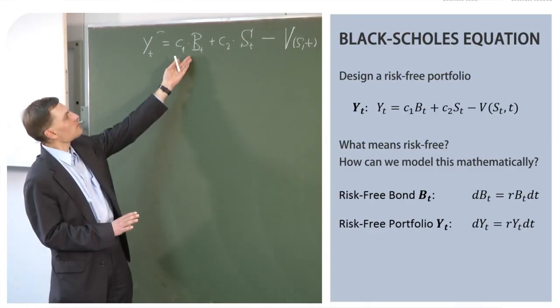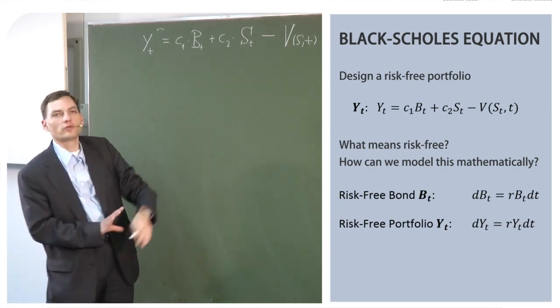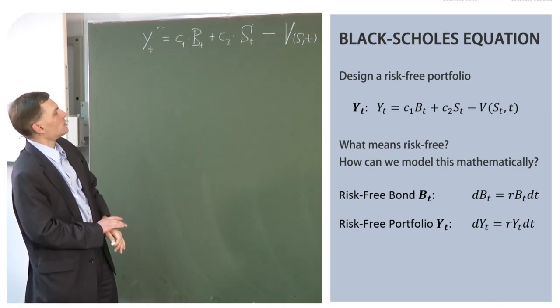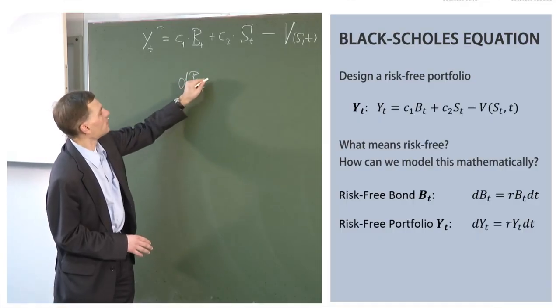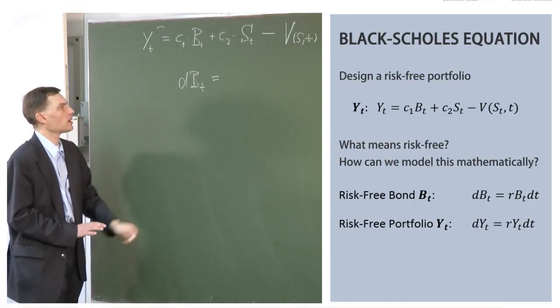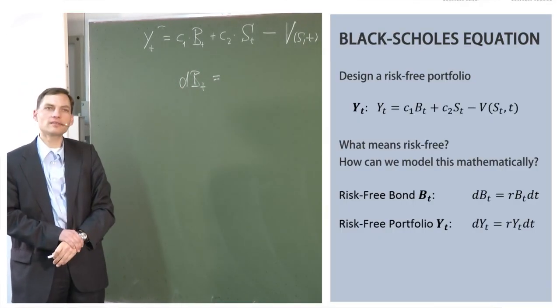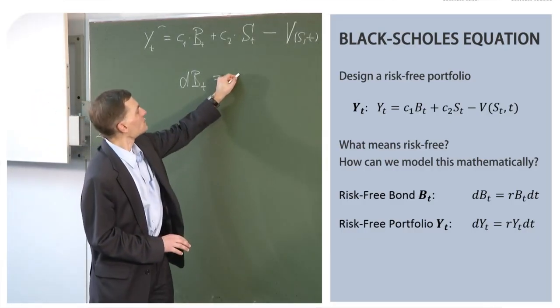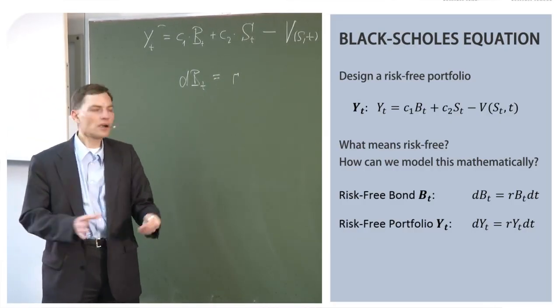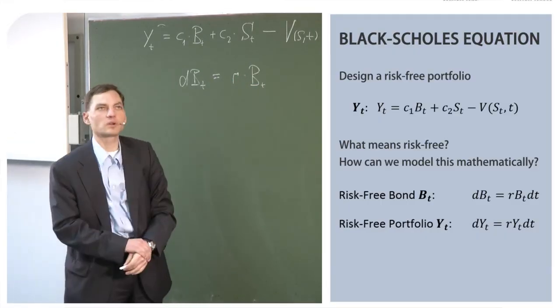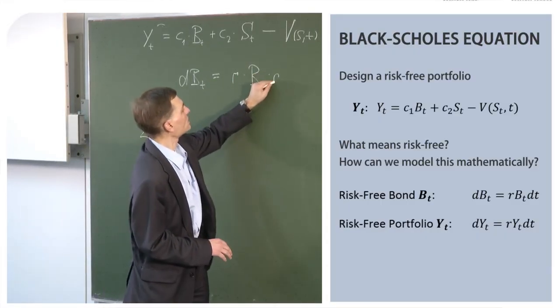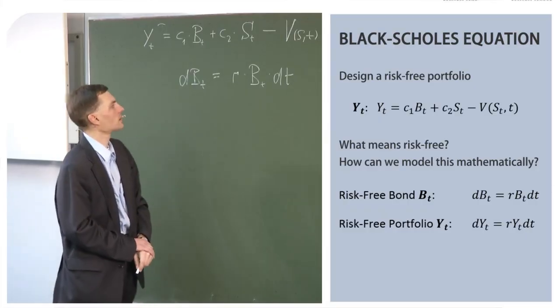Well, let me explain a risk-free bond first. A risk-free bond behaves according to the mathematical description as follows. The change of the bond price increases with the risk-free interest rate R times the initial bond investment, let's say 100 euros, Bt, over time dt.